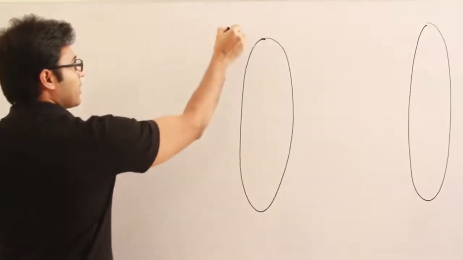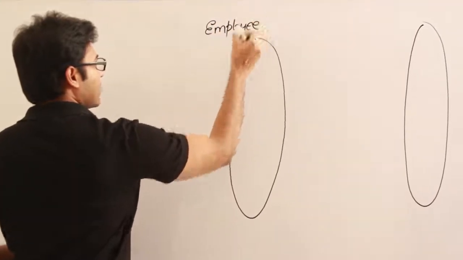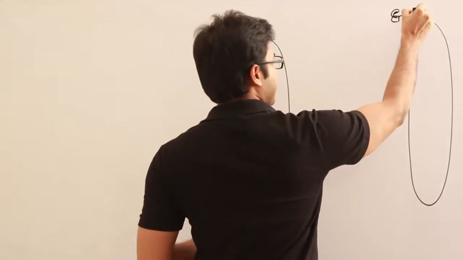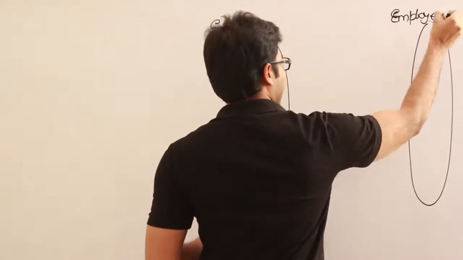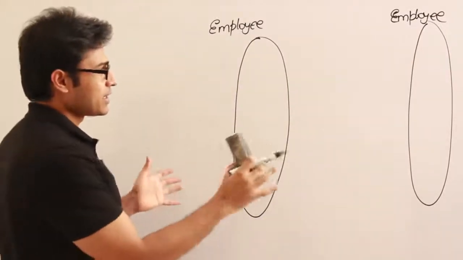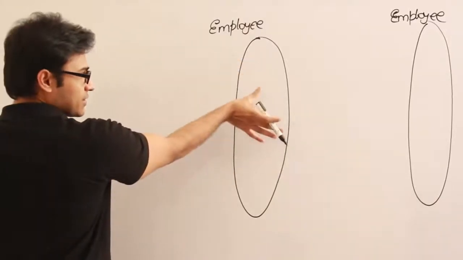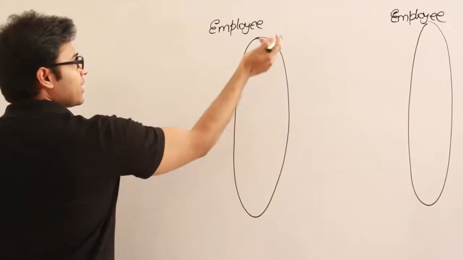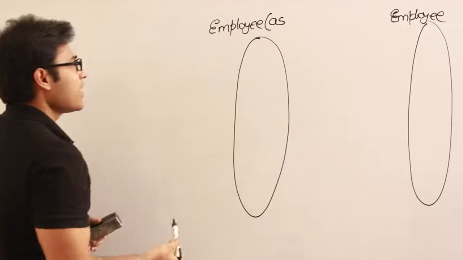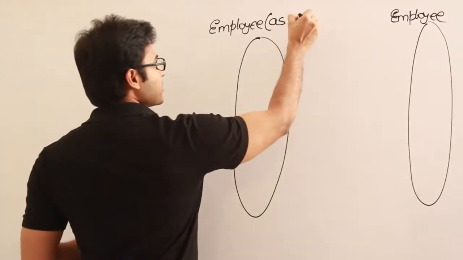Okay, let us assume that employee. This is actually only one entity type, but I am representing it two times. So one time this employee set is going to have a role in this relationship, and it is going to act as, let us say, supervisor.